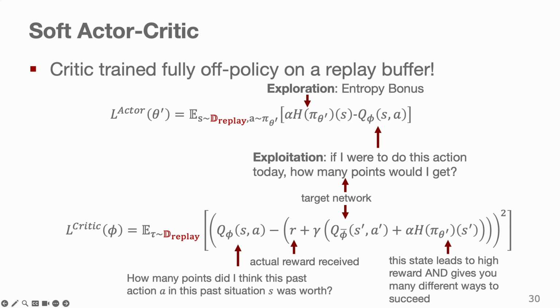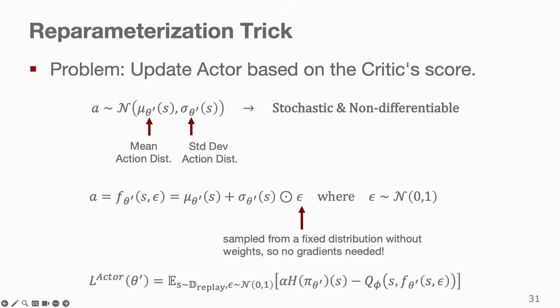And the key idea here is that the actor pulls states from the replay buffer, but asks the current policy, and not the old one, what action it would take here today. So the critic acts as a learned simulator, estimating how much reward the new action would have gotten in the old state, even though it never actually has seen this state-action combination. So that's really the key here.